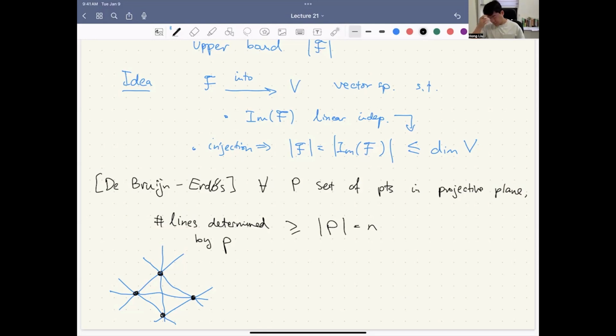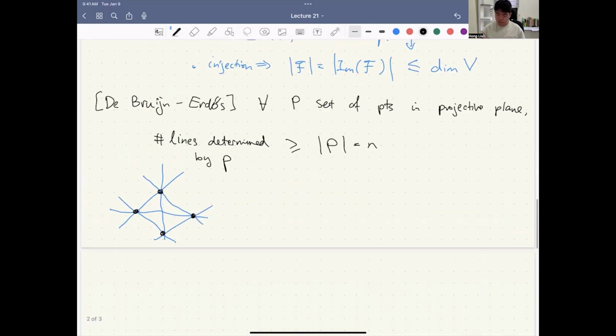Let me not specify. Yeah. This is the statement. I want to say that by duality in the projective plane, we can actually swap the roles of lines and points.